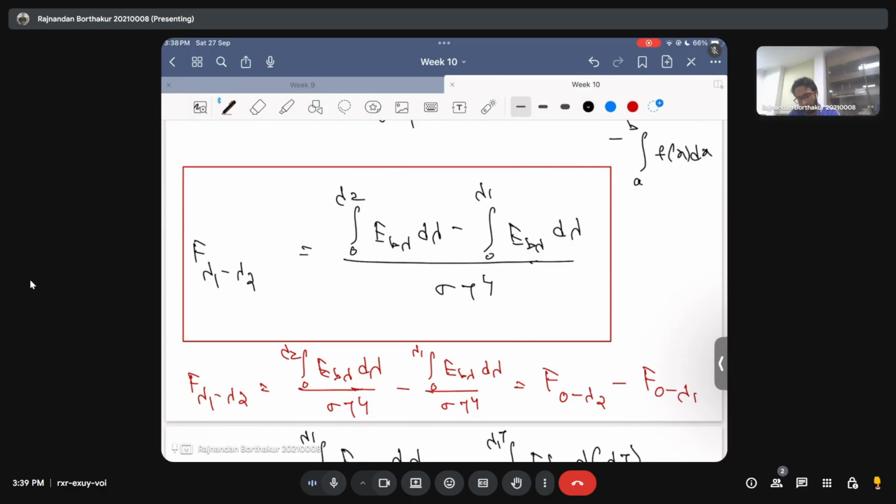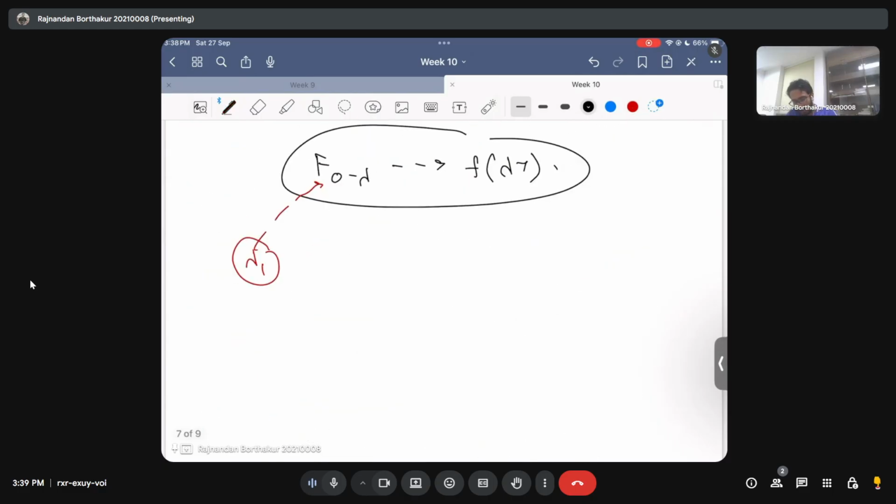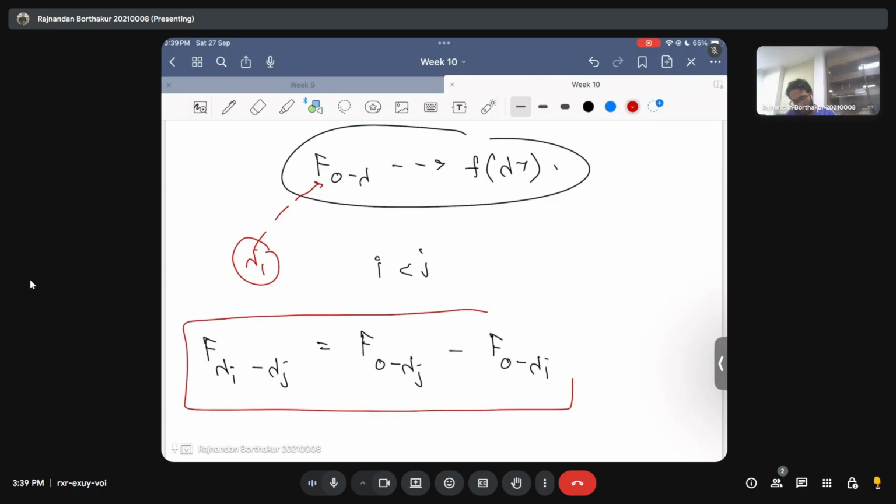This is a very important property: if you want to find the band between any lambda i and lambda j, with j greater than i, you just need to calculate F 0 to lambda j minus F 0 to lambda i. This is a very important property that we can extract from these band emission functions.